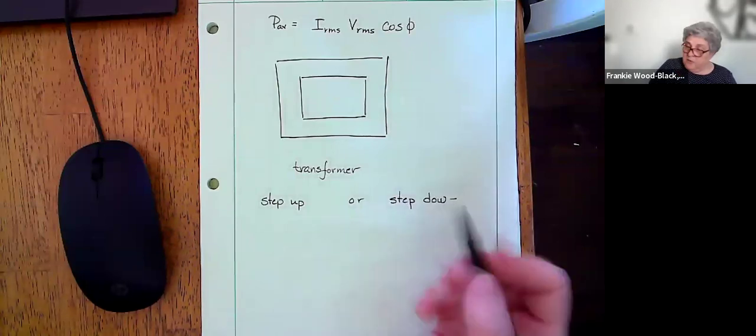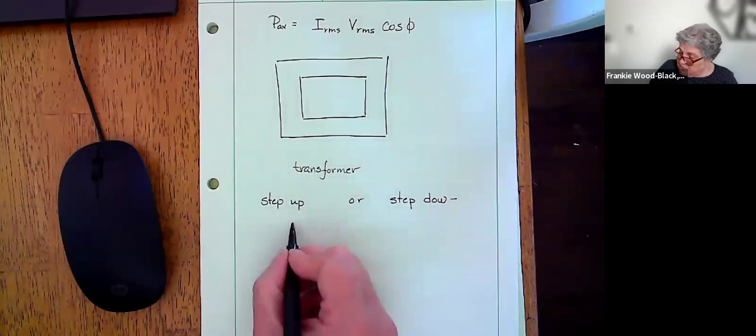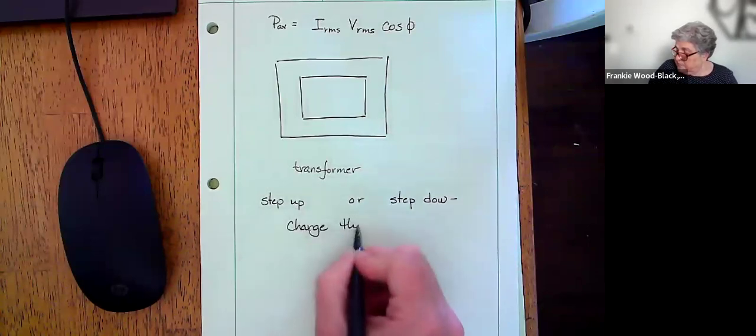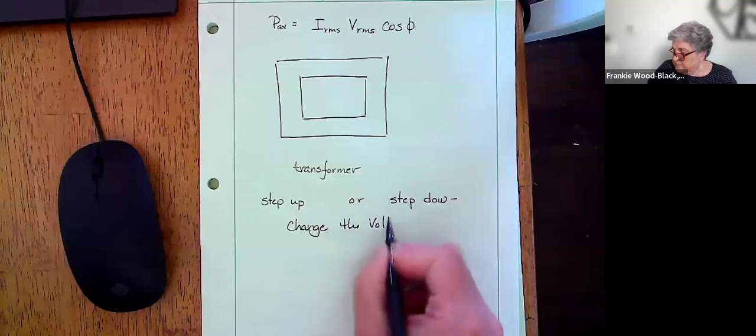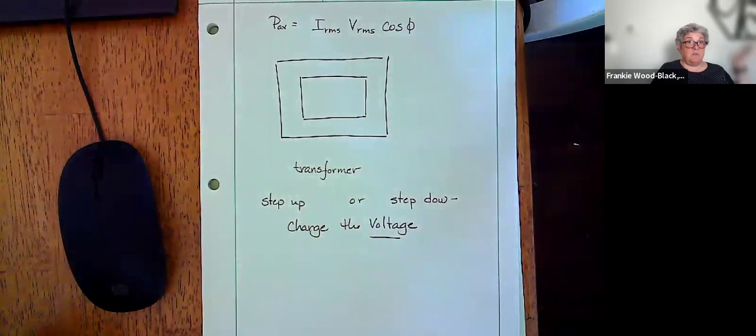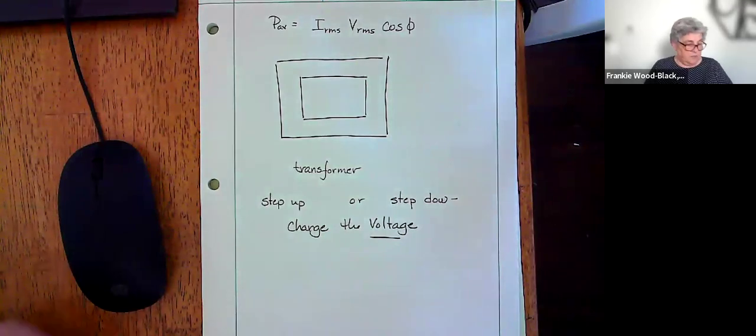Because what we're going to do is we're going to change the voltage. Because the higher the voltage, the longer distances we can travel without losing things in an AC circuit. And the lower ones we go in.